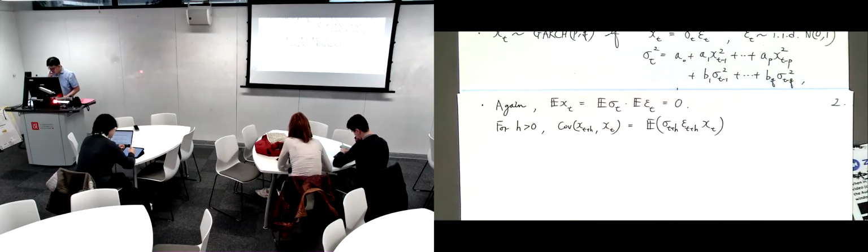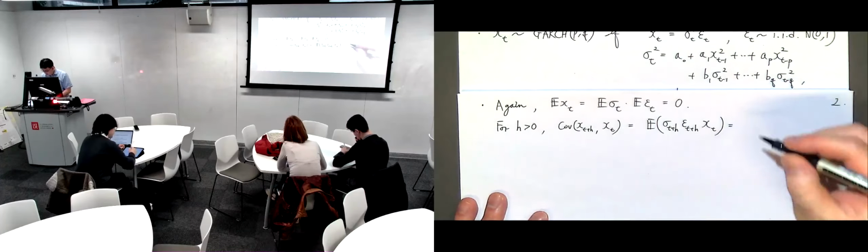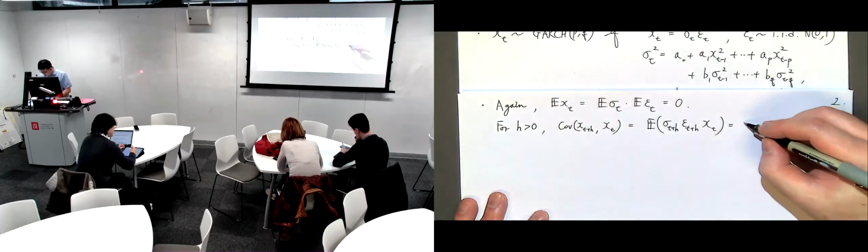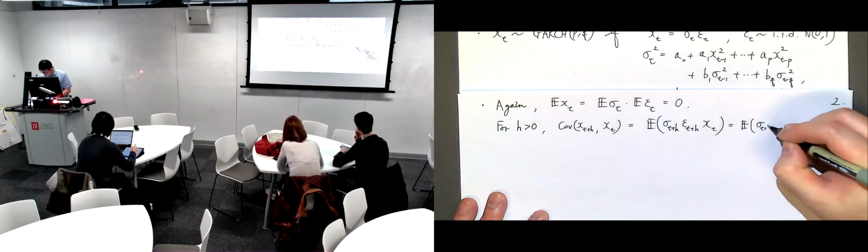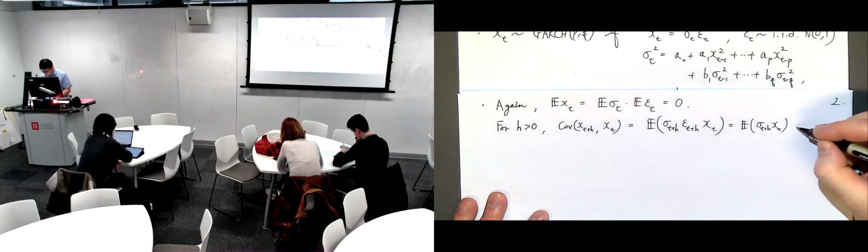So it's the expectation of the product. The mean is 0. And epsilon t plus h is independent of sigma t plus h times x t.